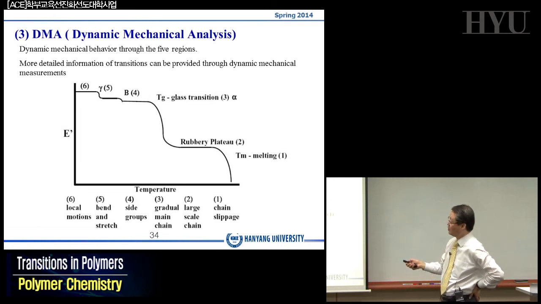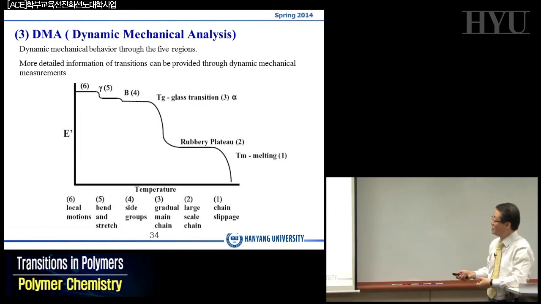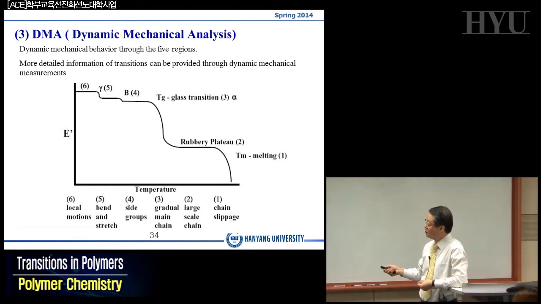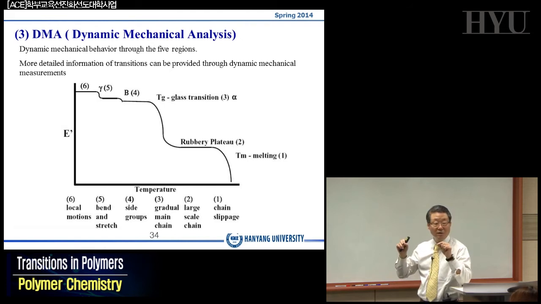So the Tg is regarded as the amorphous portions, the melting of the amorphous portion, that's what I've said to you. And it's a gradual main chain transition, whereas side chains, such as leaves, might move. That's why you increase the free volumes, and perhaps this tool, this DMA, can detect those very, very sensitive regions as well.